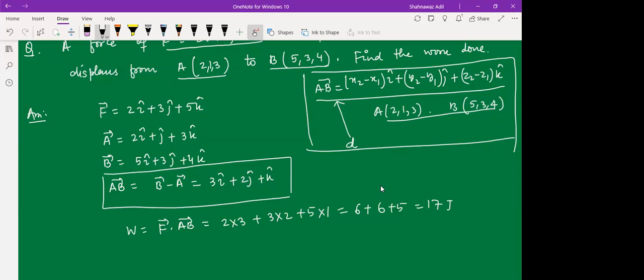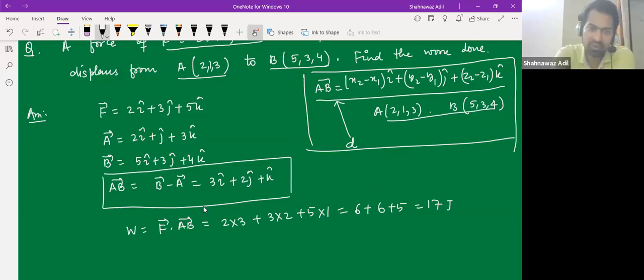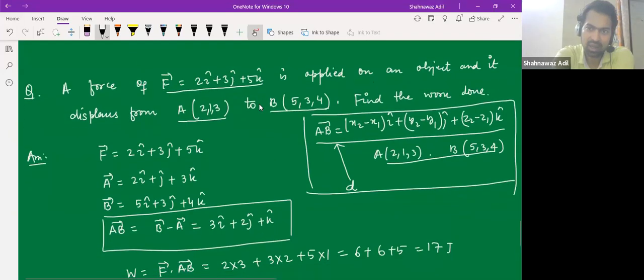Yes, sir. Okay, so ultimately we have to calculate the displacement and the force. Please note it down, everyone, and then we'll learn about the next topic.